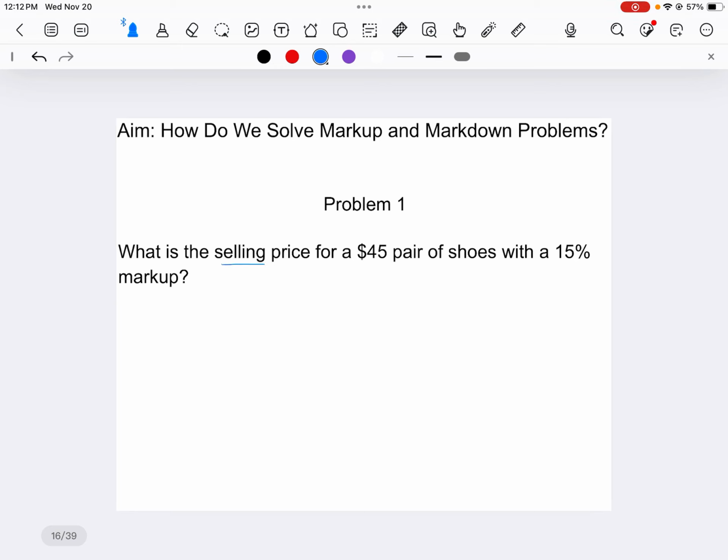We want to know the selling price for a $45 pair of shoes with a 15% markup. Same formula, we have to turn our percent into a decimal. So we're going to divide by 100 to get 0.15. So we have 0.15 times the $45 to determine how much the price of the sneakers is going to be marked up.